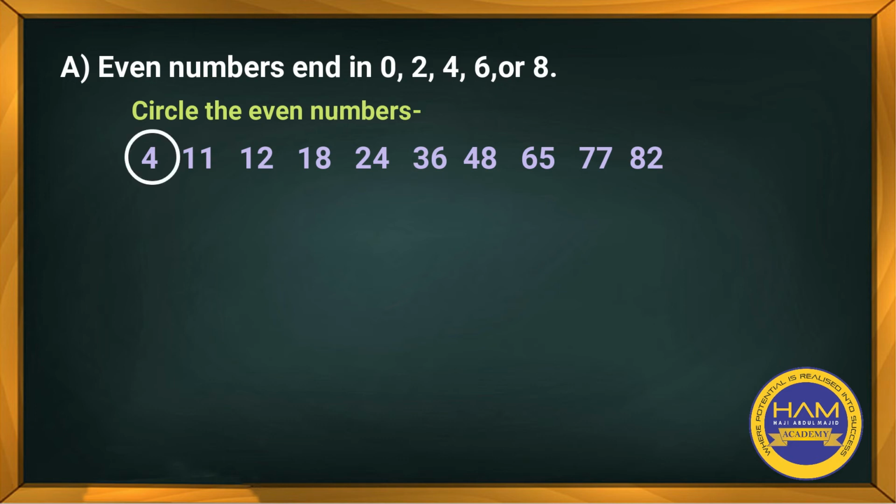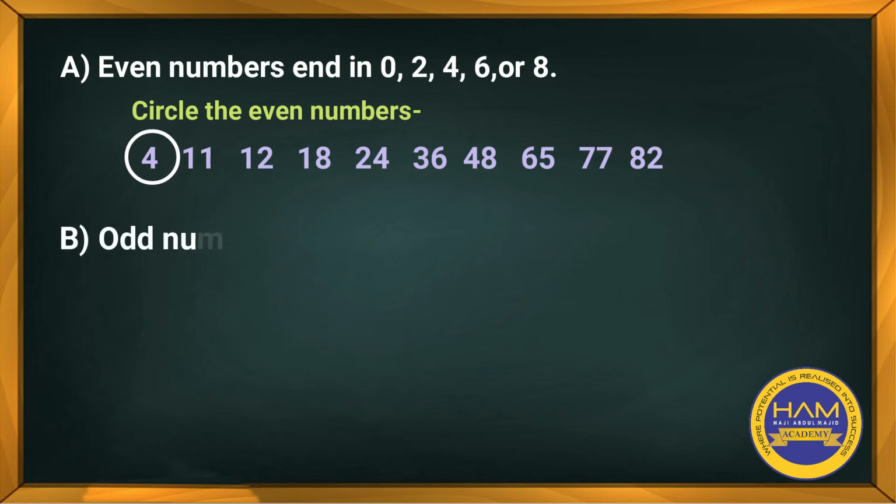Next number is 11. This number ends with 1, so this is not an even number. Next, 12. This number ends in 2, so this is an even number. In this way you can try to find out all the answers.